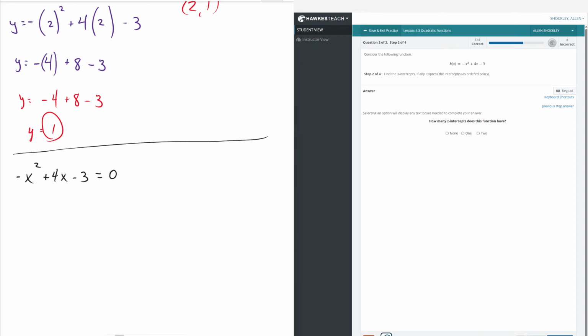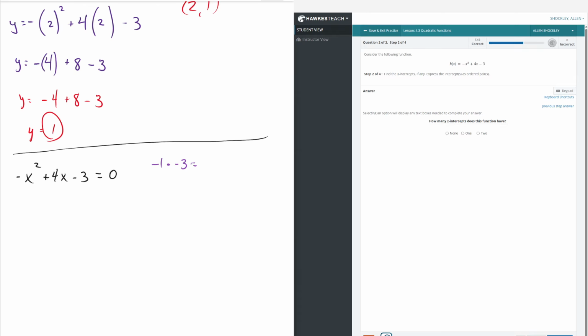In order to factor, we're going to use our first times last method to start with, just in case this works. Whenever we do this, we take our very first number, which is negative 1, and multiply it by our very last number, which is negative 3.